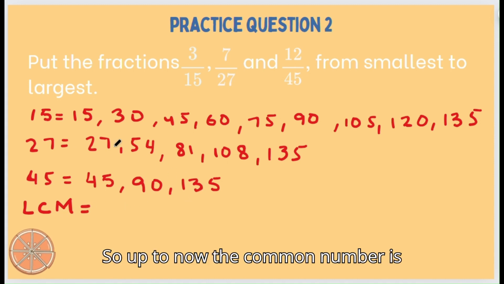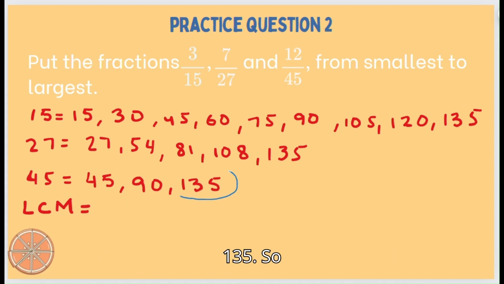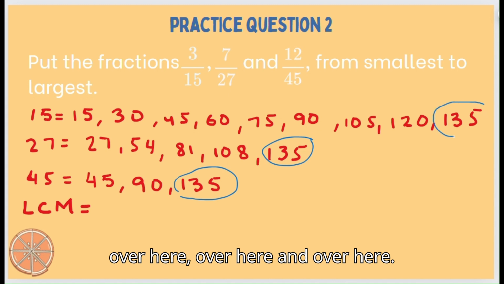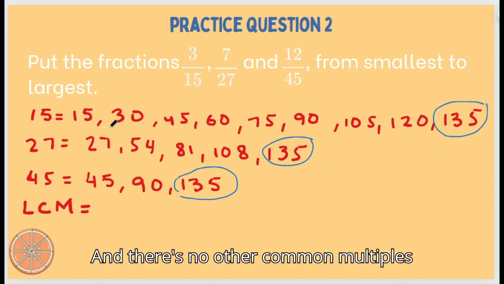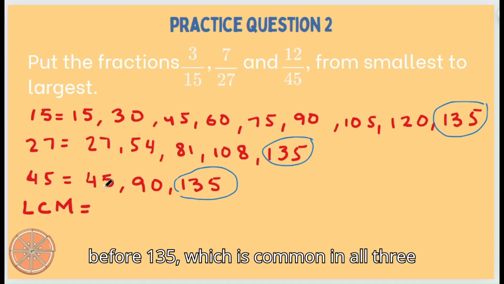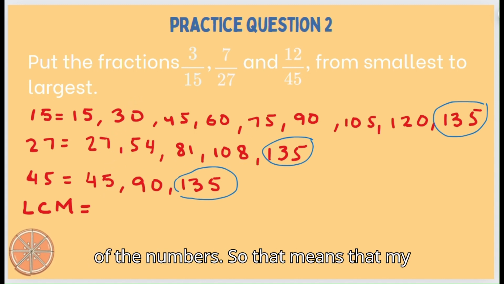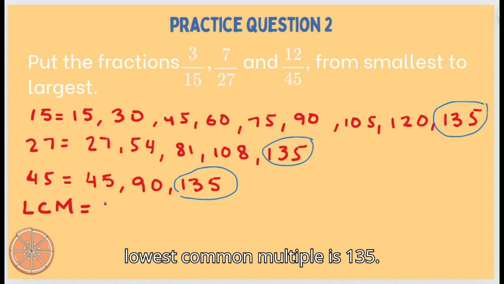So up till now, the common number is 135. So 135 is over here, and over here, and there's no other common multiple before 135 which is common in all three of the numbers. So that means that my lowest common multiple is 135.